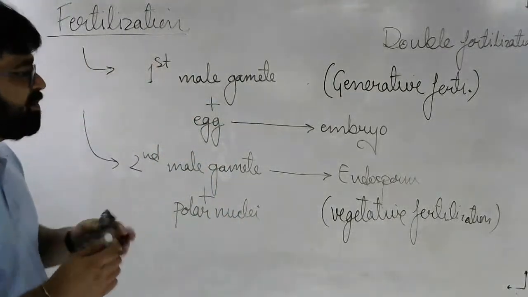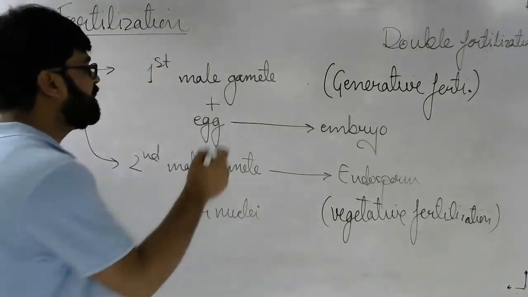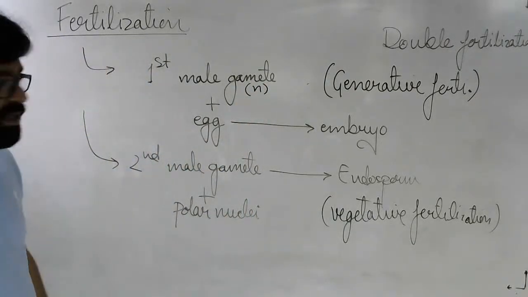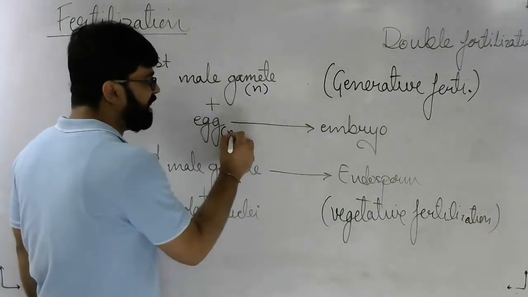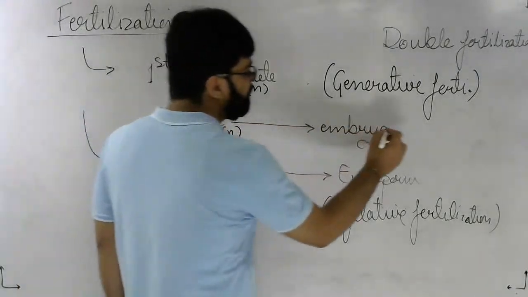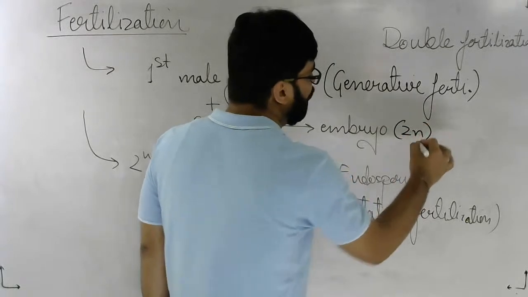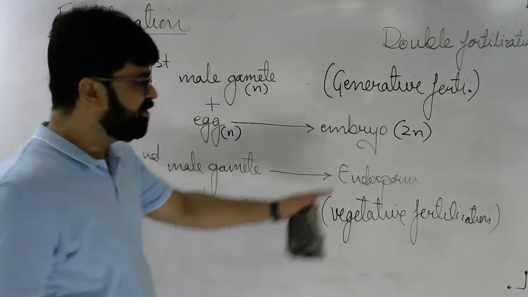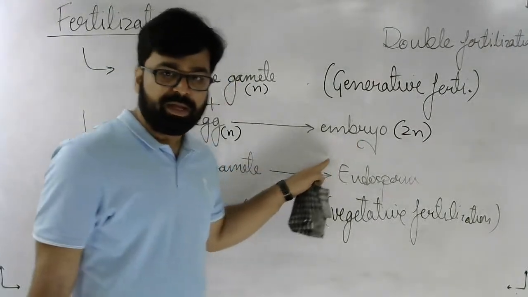Achha, one more important thing. Here the male gamete, the ploidy is haploid, and the ploidy of egg is also haploid. Fusion leads to the formation of diploid zygote. Diploid zygote is formed, which will later form embryo.